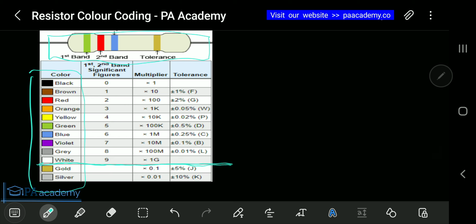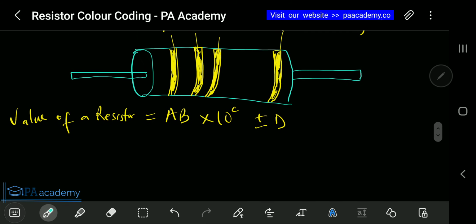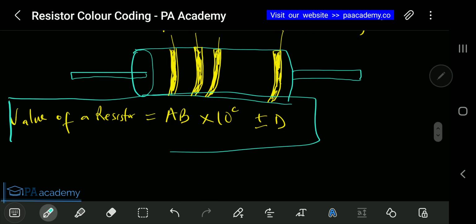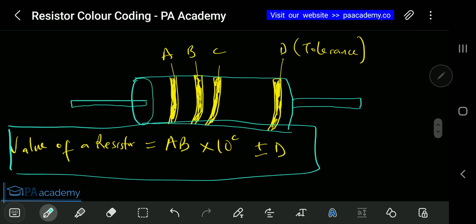Now let's come back here to write out the formula that will help you determine the value of a resistor.